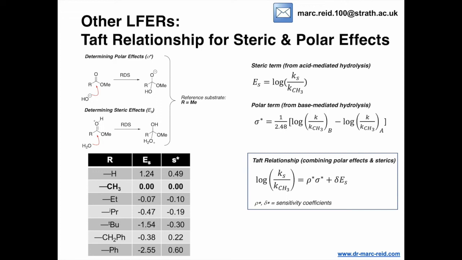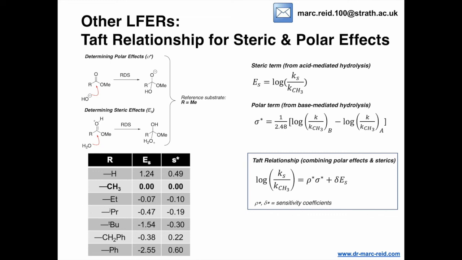For the polar term, sigma star, the equation is slightly more complex and subtracts the effects of the acid-mediated hydrolysis A from the base-mediated hydrolysis B. The combined equation and Taft relationship is shown in the box. Just like rho in the original Hammett analysis, rho star and delta star represent sensitivity terms in the Taft analysis.